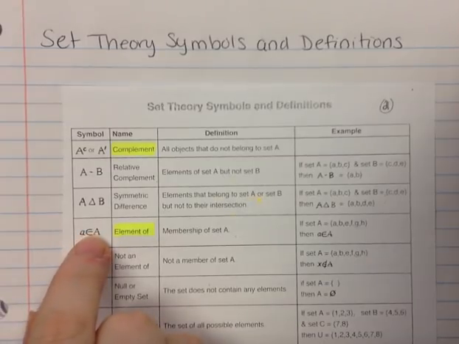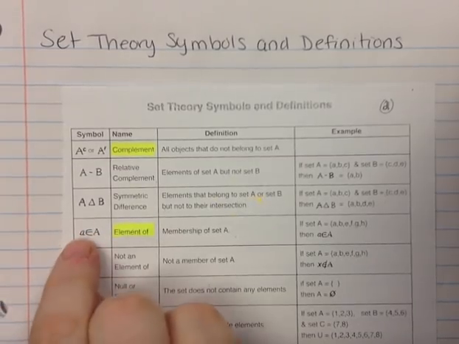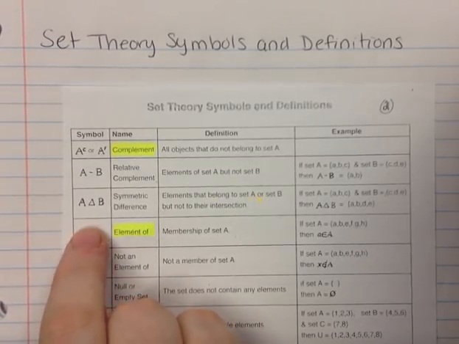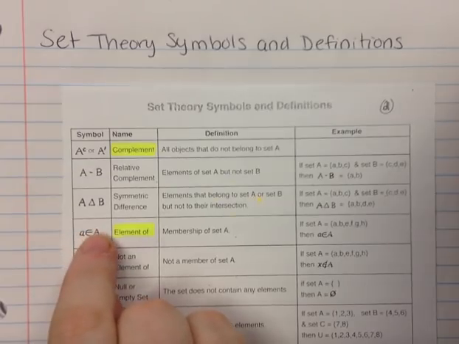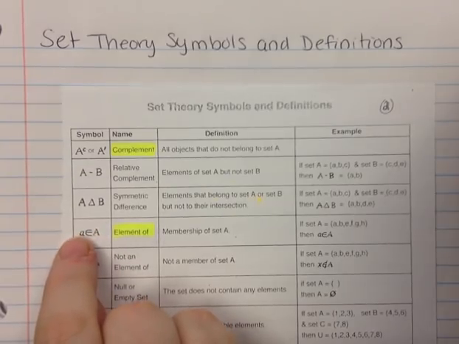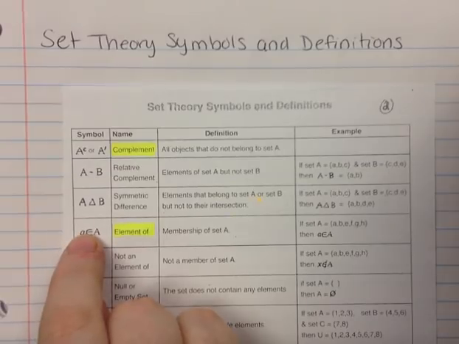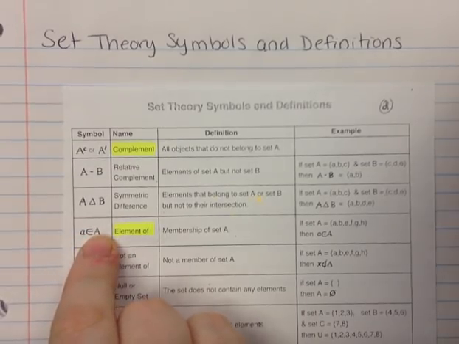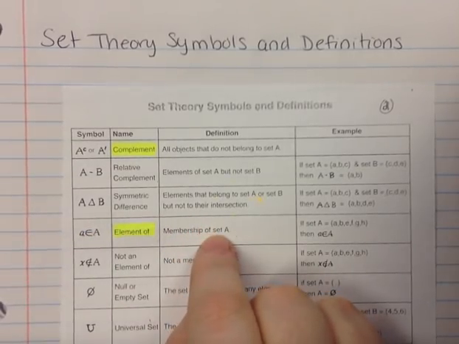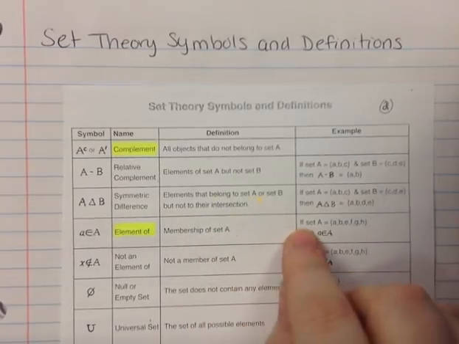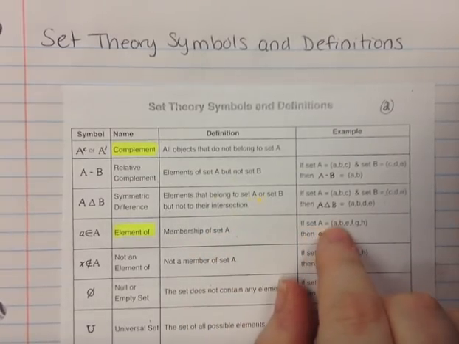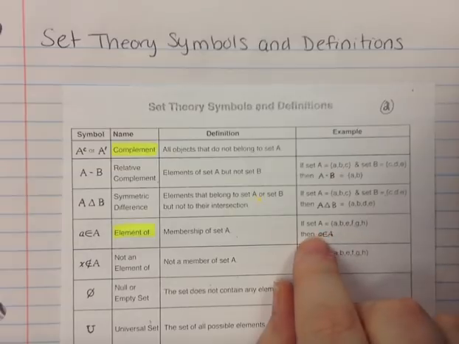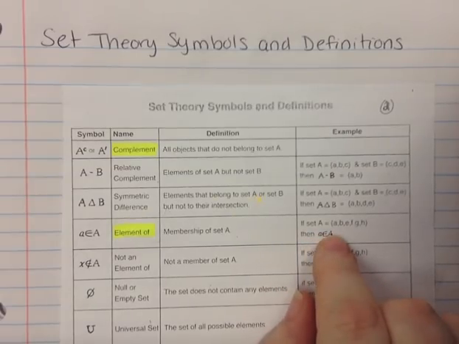So it's a weird shaped E. But notice it says little a, and it has that E symbol and then big A. This states that little a is an element of set A. Means that it has a membership of set A. So if set A is A, B, E, F, G, H, then little a is an element of big A.